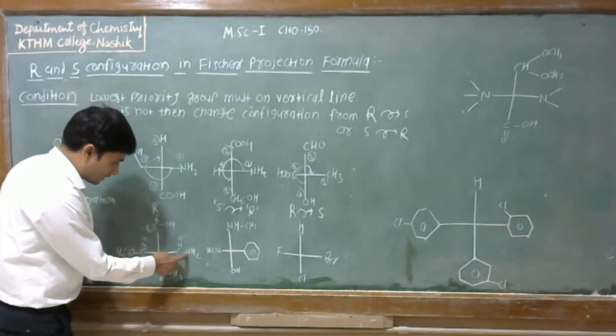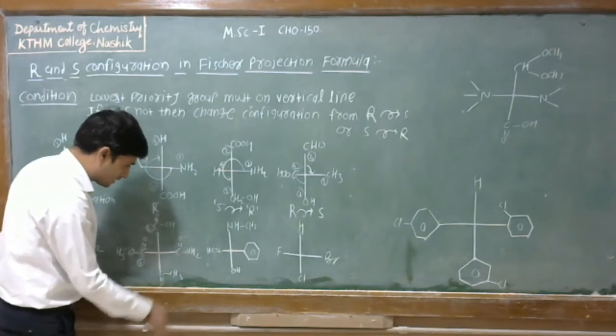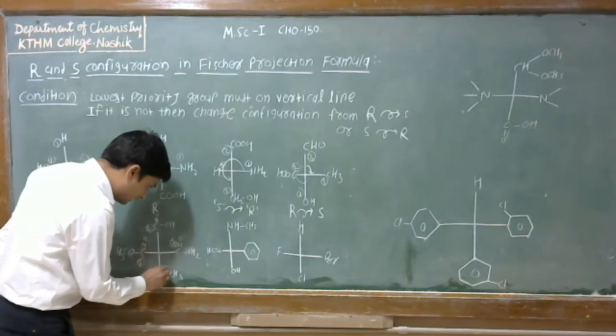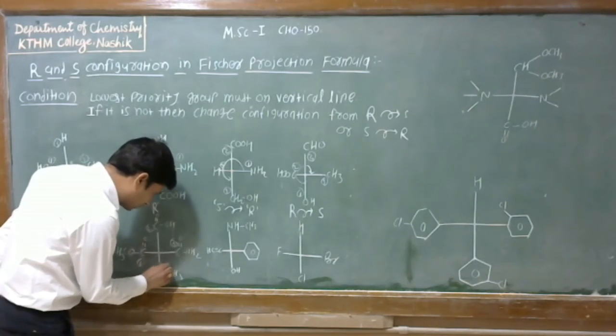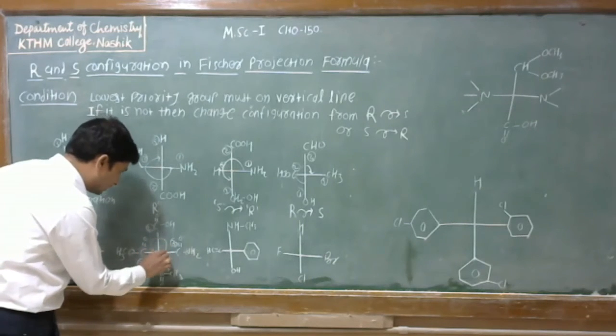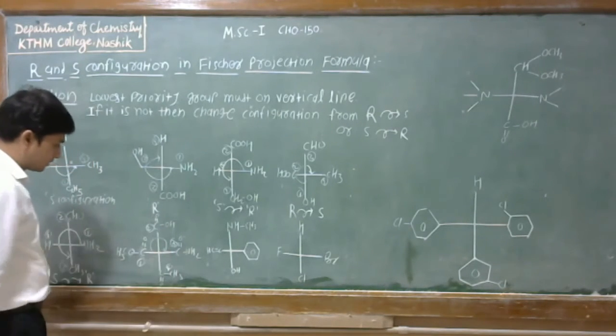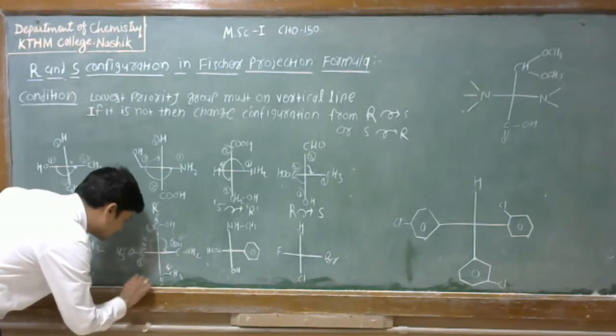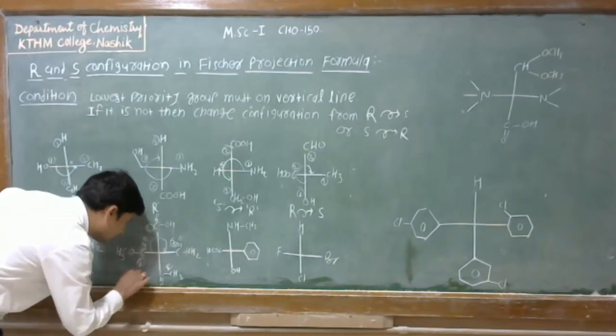We know that nitrogen has atomic number 7 and carbon has atomic number 6. Therefore, this is the third priority and this group has fourth priority. Hence, we move from 1 to 2 and 2 to 3. Now, this is R configuration, and the least priority group is on the vertical line. Therefore, this is the R configuration.